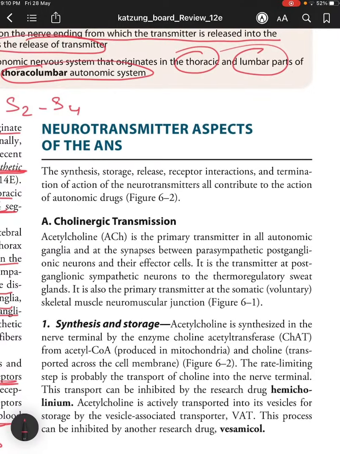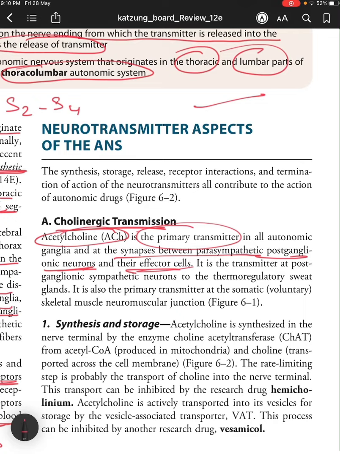So coming to the neurotransmitter aspects of the ANS, first let's talk about cholinergic transmission. Acetylcholine is the primary neurotransmitter in all autonomic ganglia and at the synapses between parasympathetic postganglionic neurons and their effector cells. If this is the parasympathetic postganglionic neuron, and this is the effector cell, ACH is what is released at this neuronal junction.